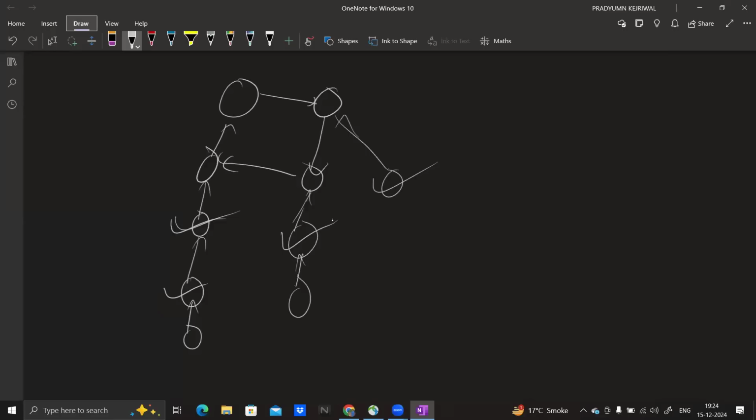I can just take the max of DP, right? Yeah, I can take the max of DP because the DP of this will be less than the DP of this, because that is obvious, the formula says so.